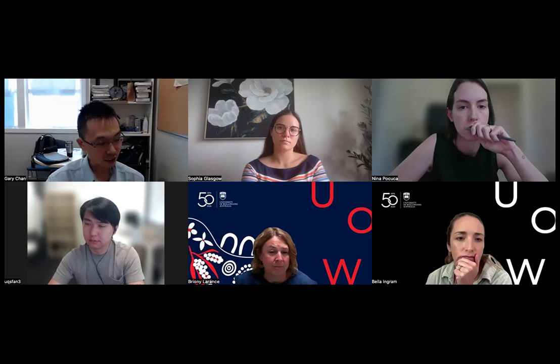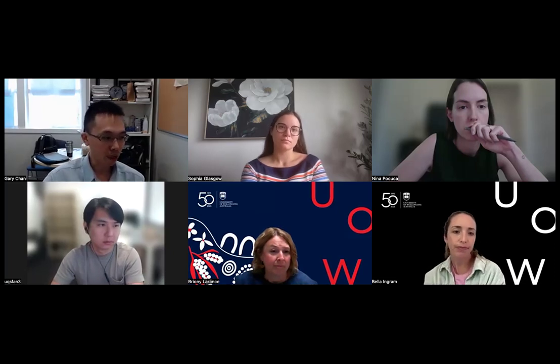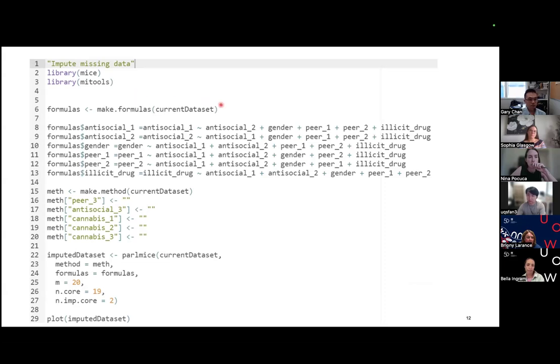By now there are other libraries that can do multiple imputations in R, but these are the two very popular options. You can use the default setting, but you can also clearly specify how you're going to impute the missingness.